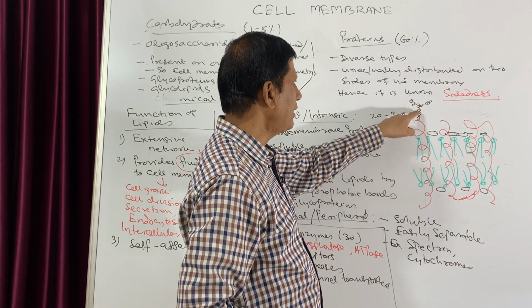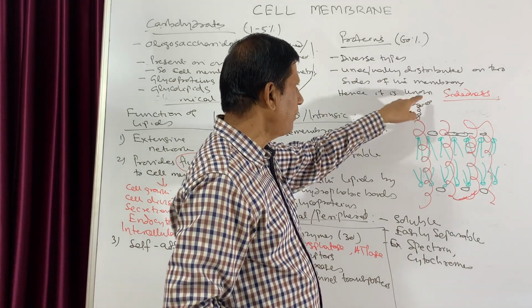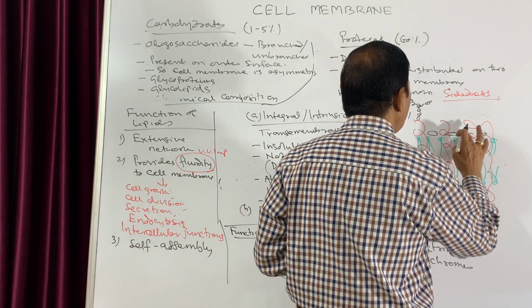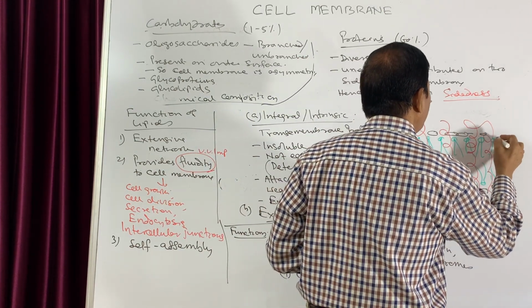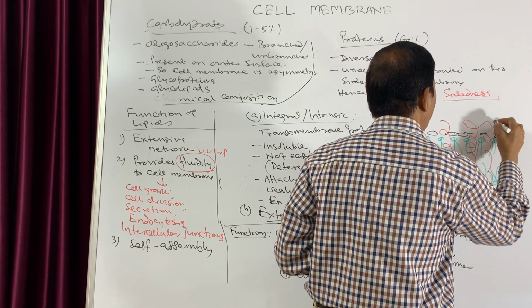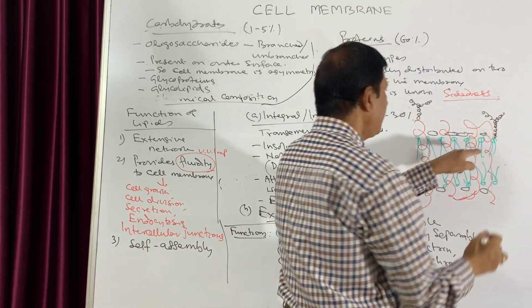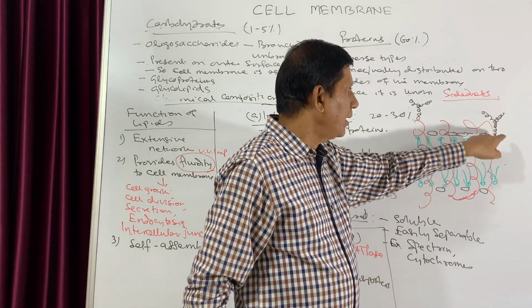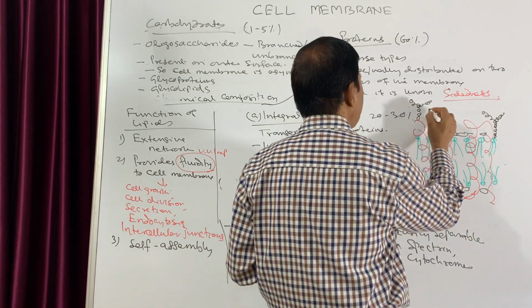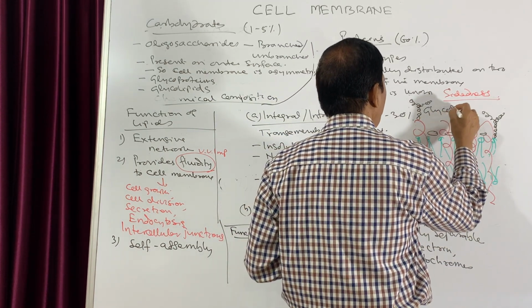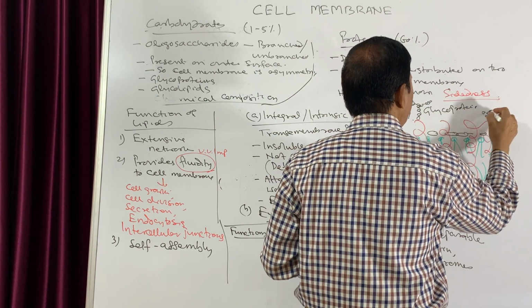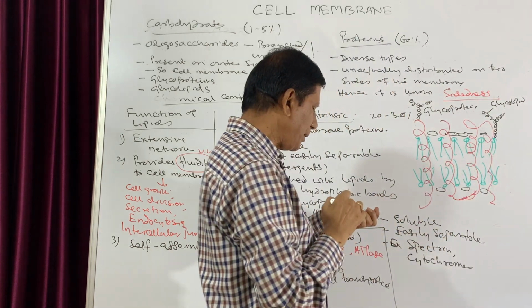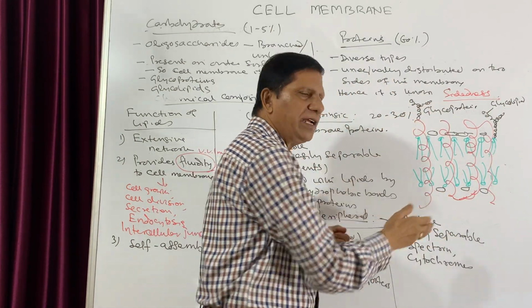This is the protein, this is the carbohydrate. So it becomes a glycoprotein. Now if it is attached to one of the layers of the lipids, then it is a glycolipid. That means this is a glycoprotein while this is a glycolipid. And they are present only on the outer face, not on the inner face.